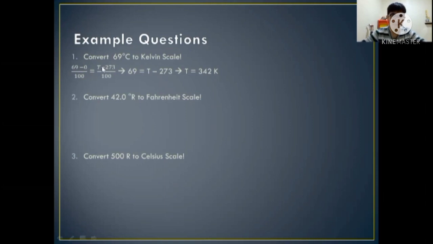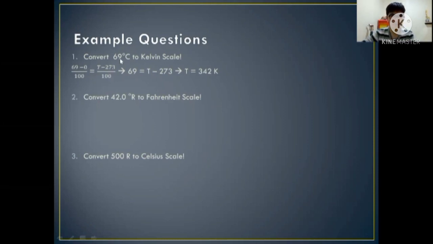In the right one, we have T minus 273 divided by 100, which means T is the temperature of Kelvin that we have to find, minus 273, which is the freezing point of the Kelvin scale, and divided by 100, which is the range of the Kelvin scale.